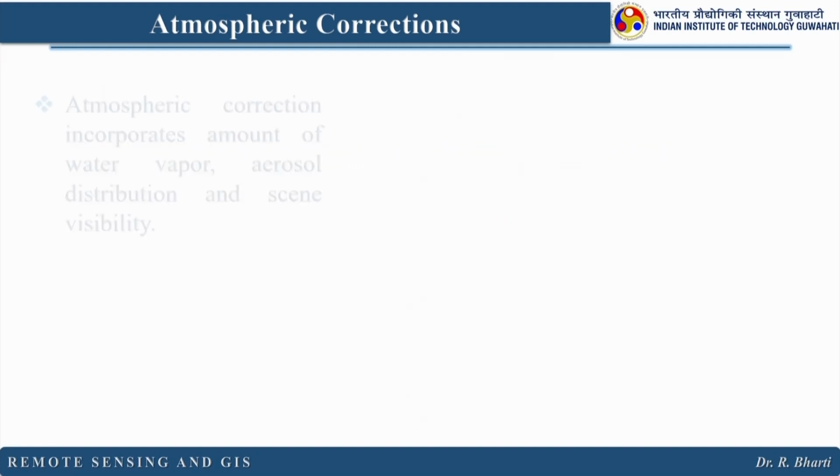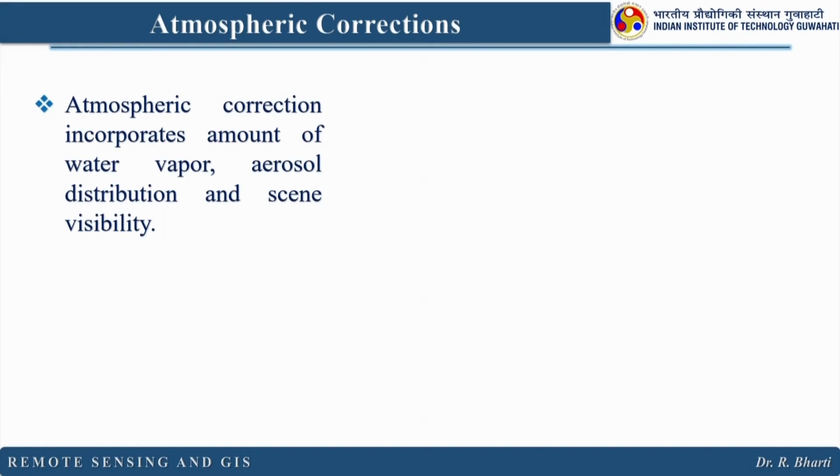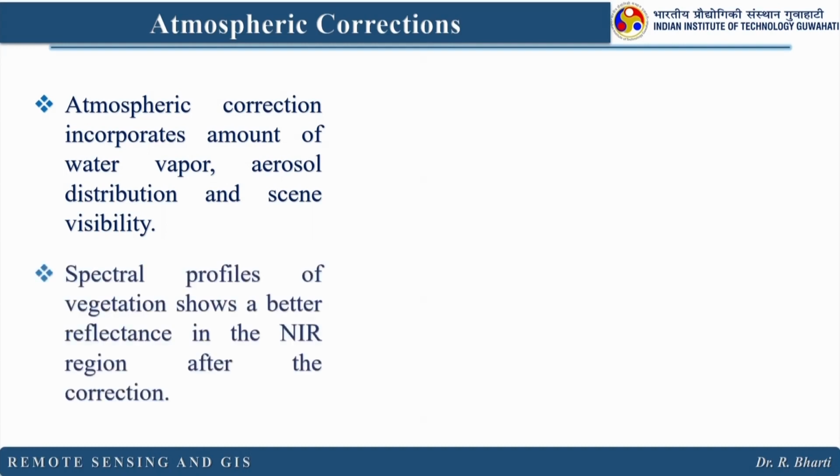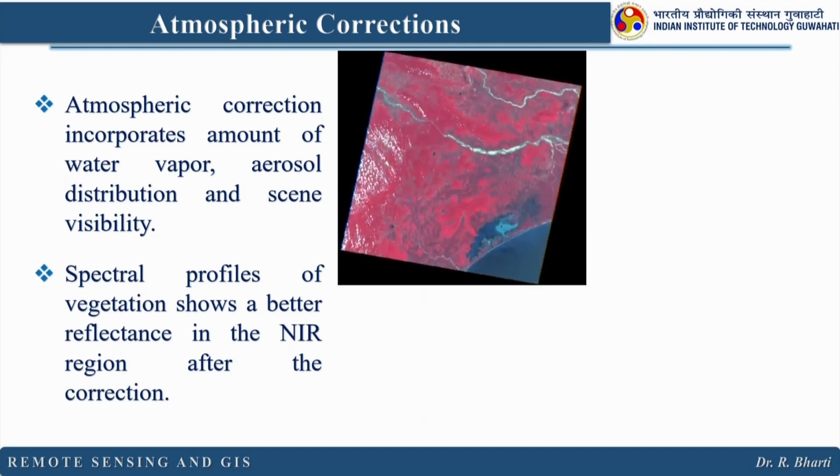So, atmospheric correction incorporates the amount of water vapor, aerosol distribution and scene visibility, and the spectral profile of vegetation shows a better reflectance in the NIR region after the correction. So, if you see, this is a reflectance image, right.